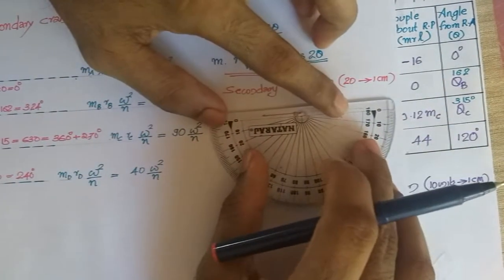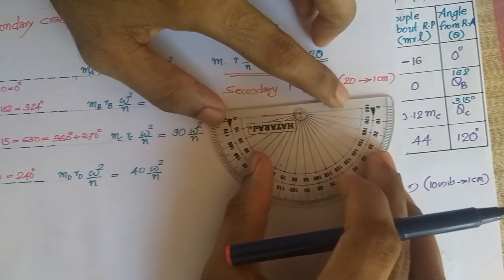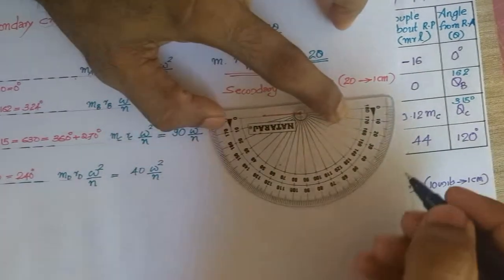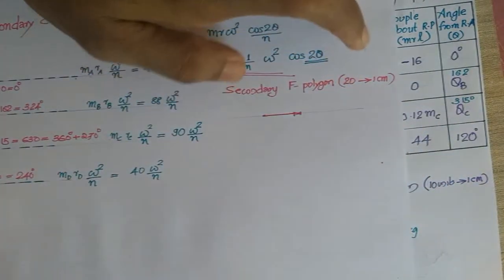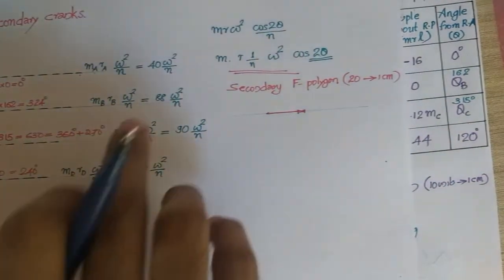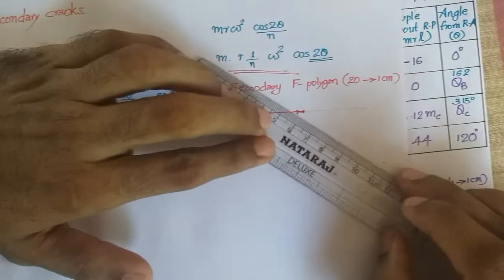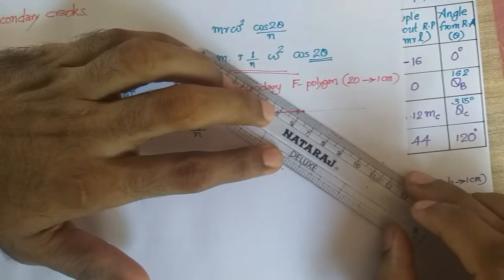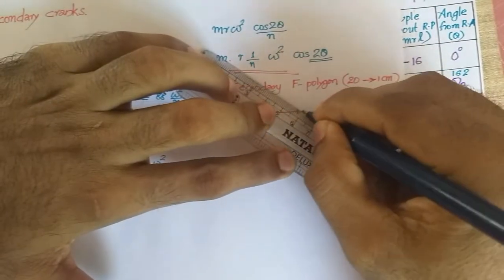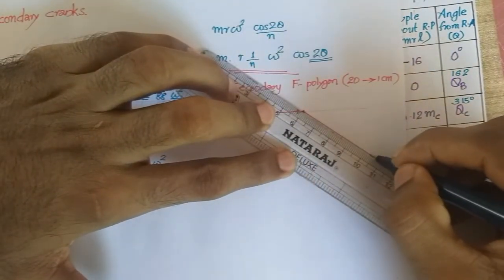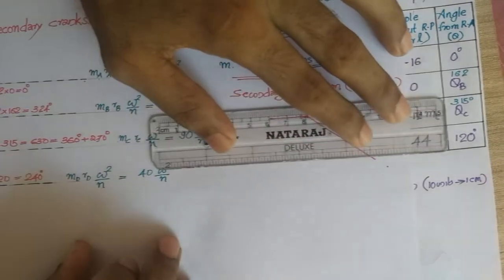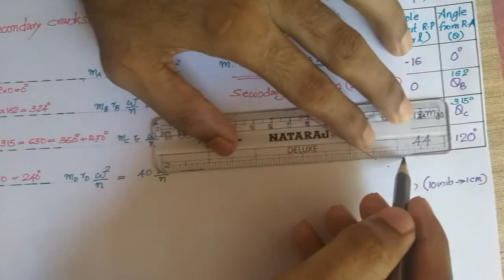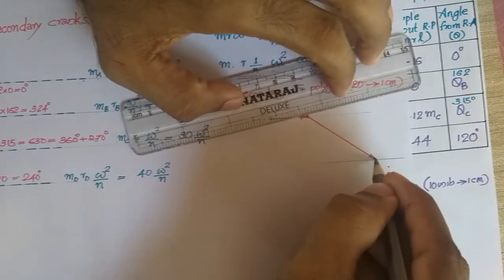So from here, 324 degree or 36 degree from this side, and the length of the vector should be around 44. So this will be drawn to 44, and again we will be drawing the horizontal line for marking the angle, which is representing the reference axis. So this is the end of the second vector.